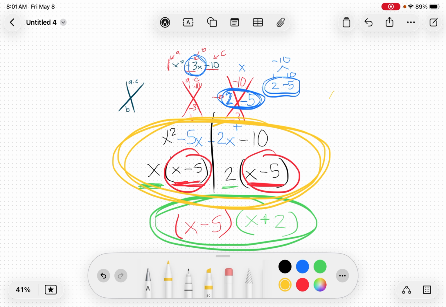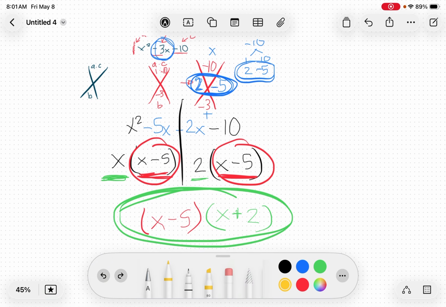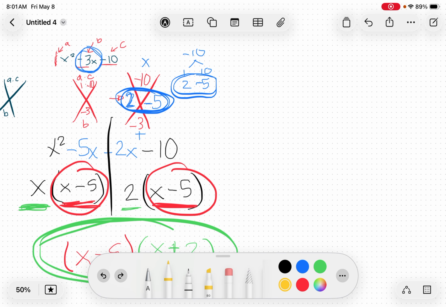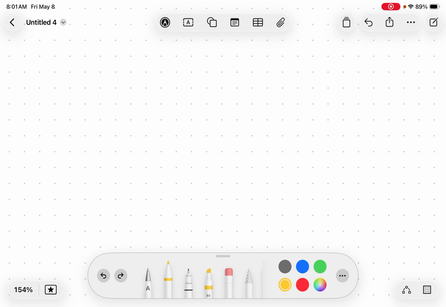This part is just going to be really good to practice if you understand it, because if you were to have, say, 3x squared at the beginning instead of just 1x squared, this part right here is going to make a big difference. You're going to need it. Okay, but the problems we're doing today just involve that invisible 1 in front, but I would go ahead and practice this way. Okay, so let's go ahead and do another problem.